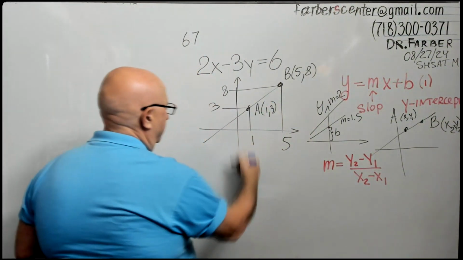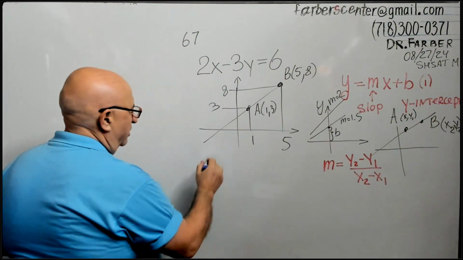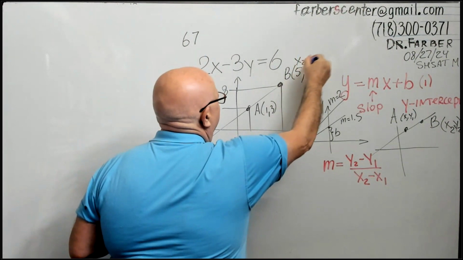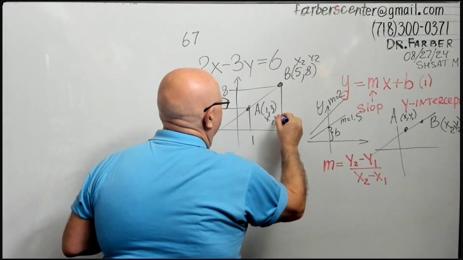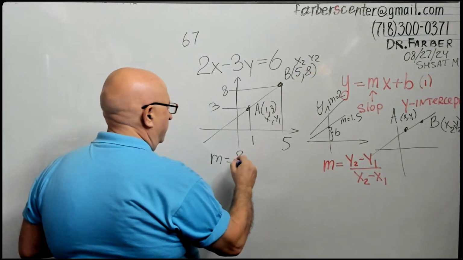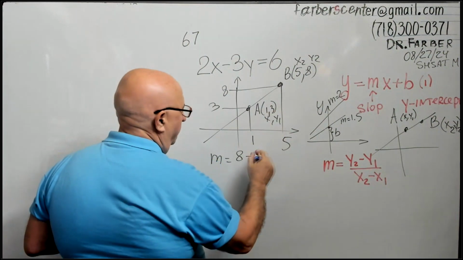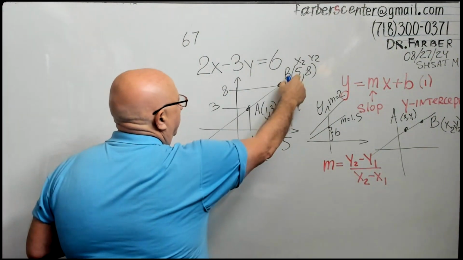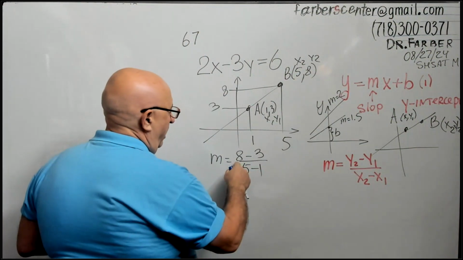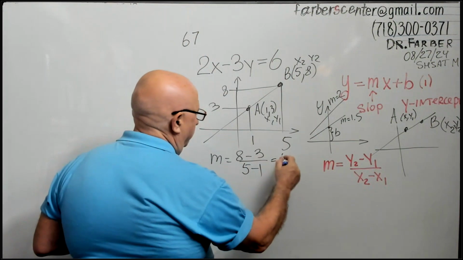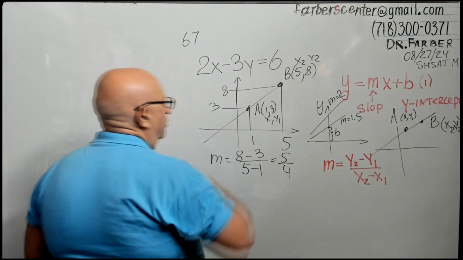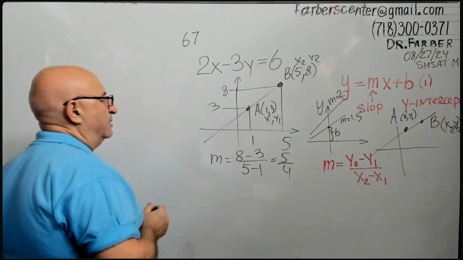Slope equals, based on this formula, x2, y2 and x1, y1: 8 minus 3 divided by 5 minus 1. 8 minus 3 is 5. 5 minus 1 is 4. So I know how steep this line is.